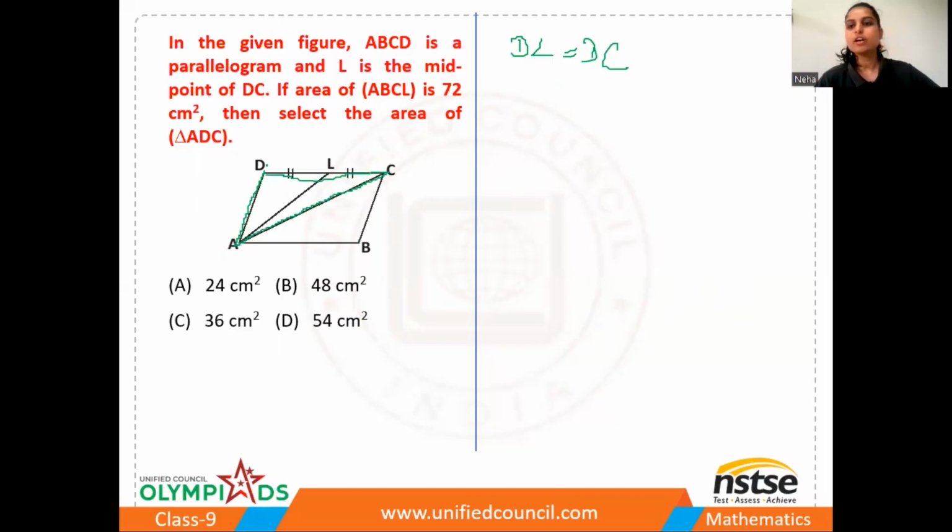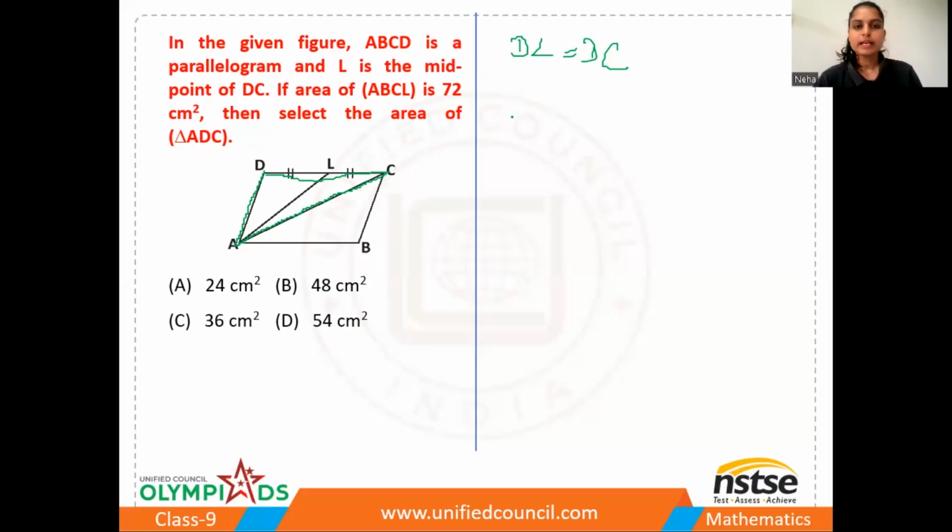So basically the area of a triangle is what? The area of a triangle is half of base into height, right? So there we need to find out some terms first. Okay, so basically as we know, in parallelogram ABCD, as you can see, ABCD is a parallelogram, right? And AC is the diagonal here.